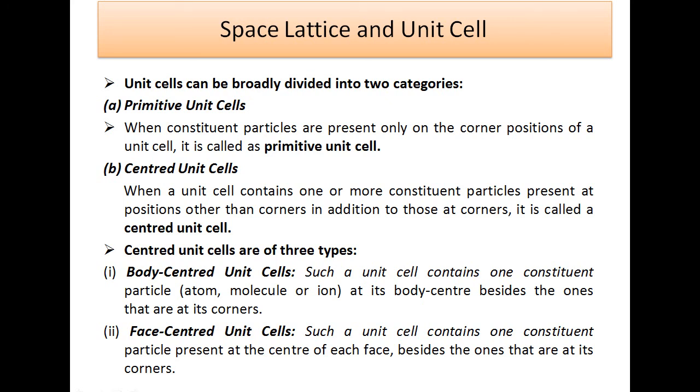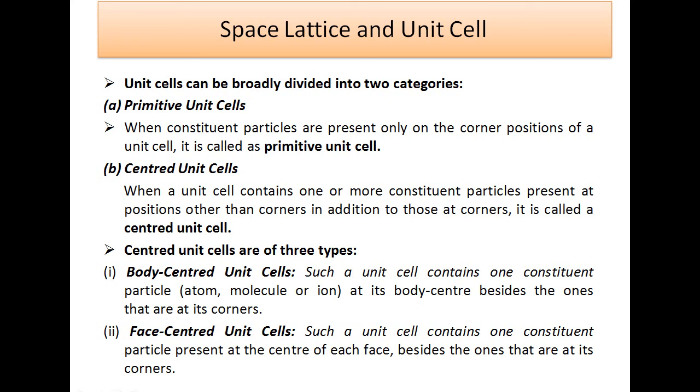What about the centered unit cell? As the name indicates, in a centered unit cell, the constituent particles are present at positions other than the corners, in addition to those at the corners.